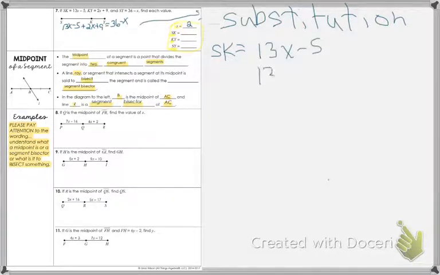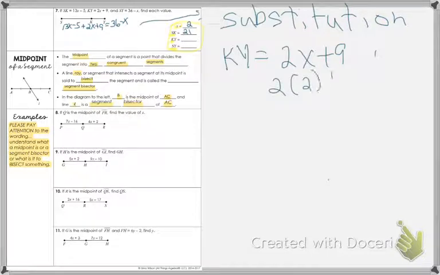I already know that x is 2. So this becomes 26 minus 5, which is 21. So SK is 21. The distance from K to Y is 2x plus 9. Substitute. And that's 4 plus 9, we get 13.